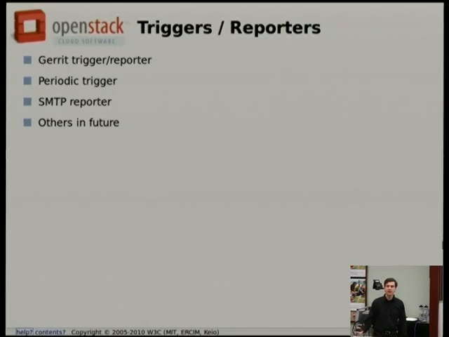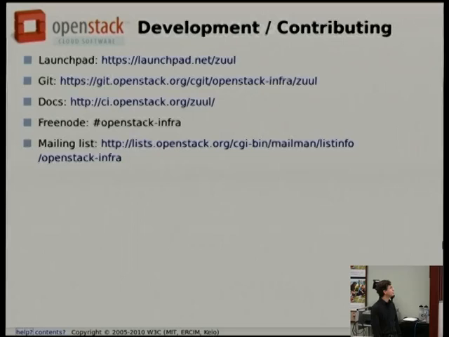The triggers are pluggable as well. We have two triggers, the Gerrit trigger and the timer trigger. But again, that's something that you could integrate with other systems if you felt the need. And people have expressed interest in integrating this with GitHub, but it hasn't been written yet. If you'd like to, we'd certainly accept that patch.